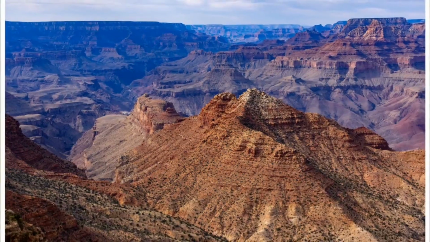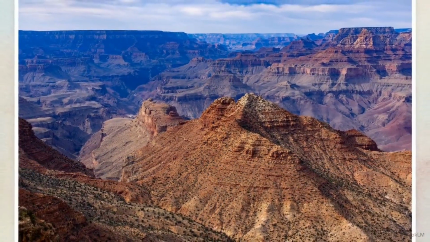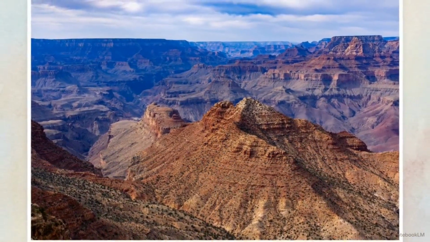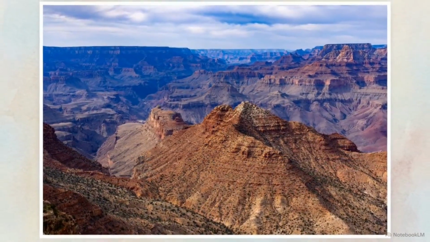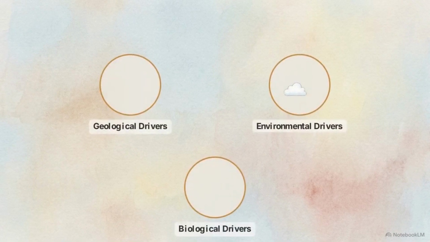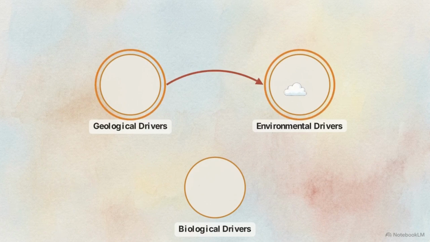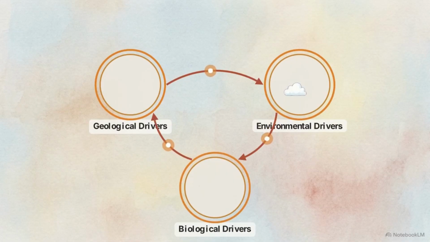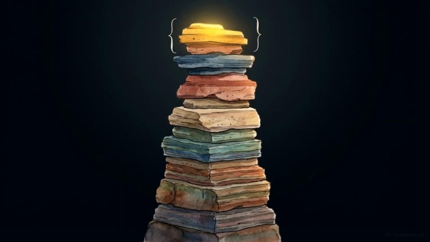Looking at these exposed layers, it becomes clear that the geologic timescale is a physical ledger. It documents a 4.5 billion year feedback loop, where shifting tectonic plates alter the climate, and the climate dictates which forms of life survive.